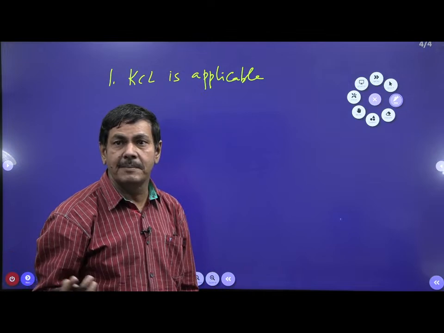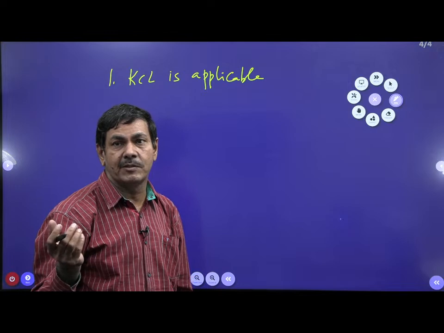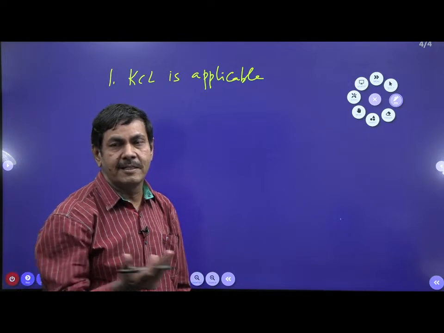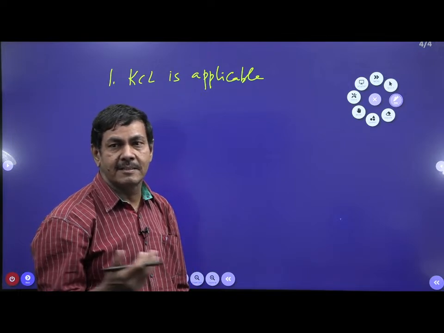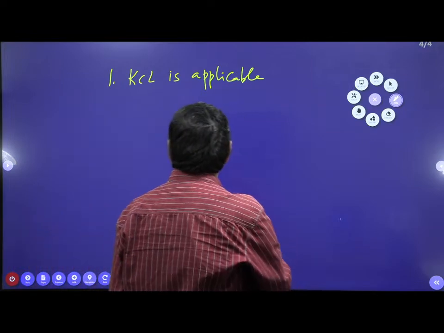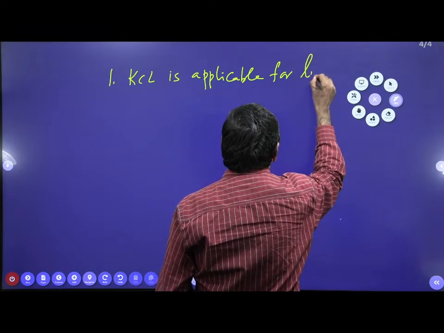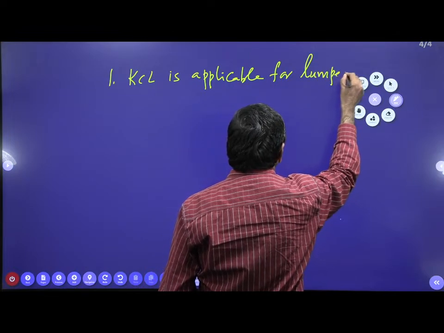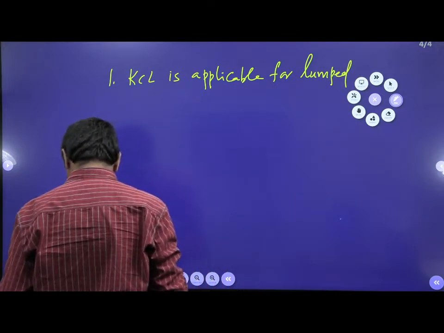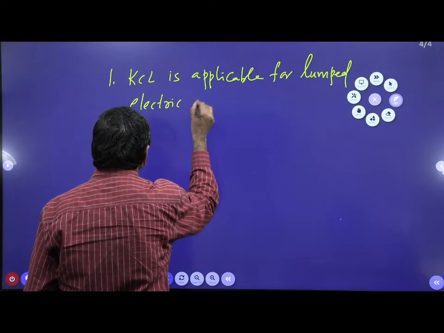Lumped elements are the physical elements, physically visible elements, like resistor, inductor, capacitor, diode. KCL is applicable for a lumped electric circuit.